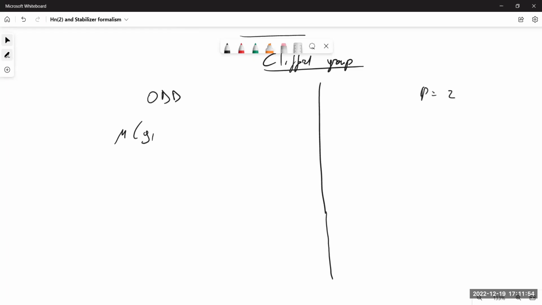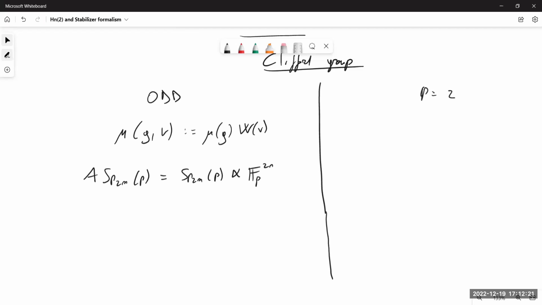This is a function on the affine symplectic group, so it's a function of G and V, and this is just basically mu of G W of V, because we had this relation here, right? So this is SP and the product with F_p^n.